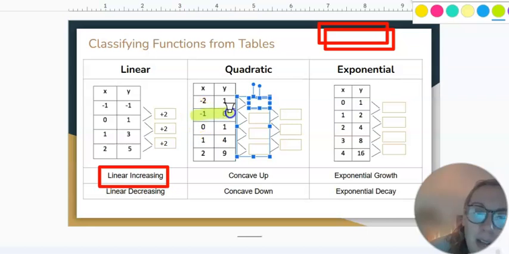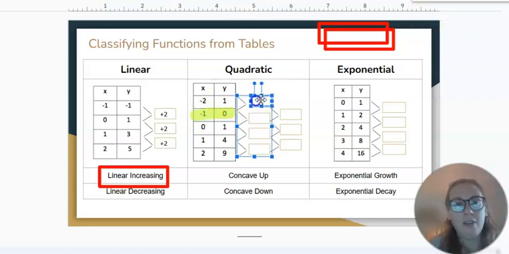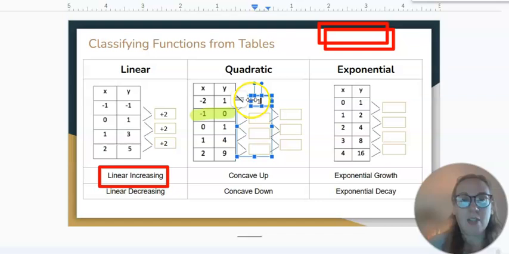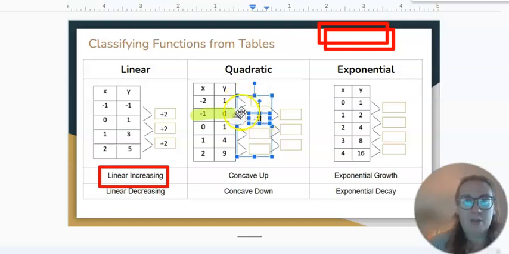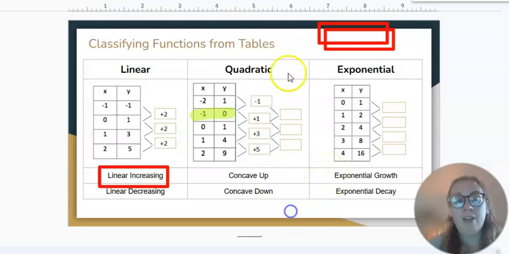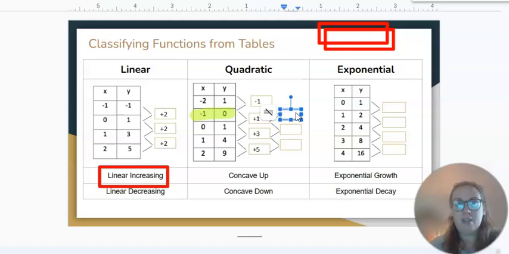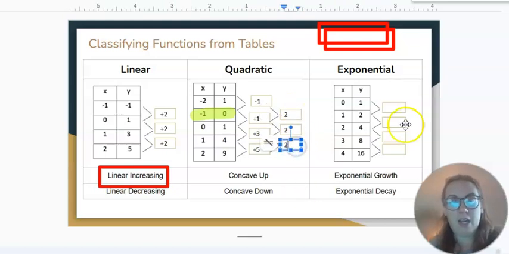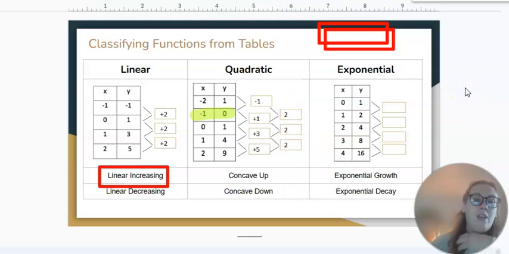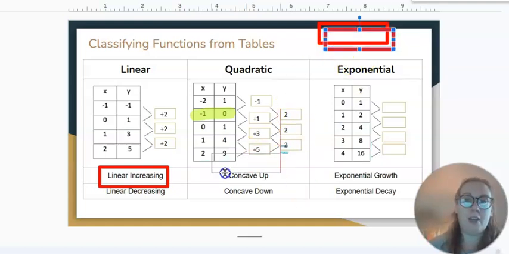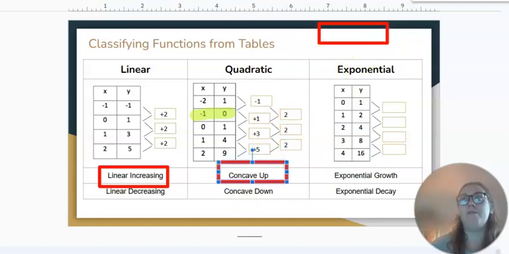Here's the turning point, because at first we're subtracting 1, and then all of a sudden we're adding 1, and then we're adding 3, and then we're adding 5, and there's this difference of 2 each time. This is a quadratic function. We're going down and then we're going up, right? So this is an example of concave up.